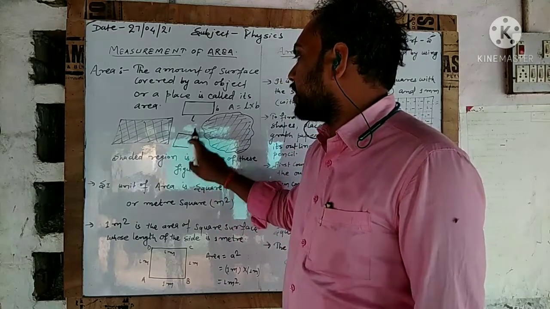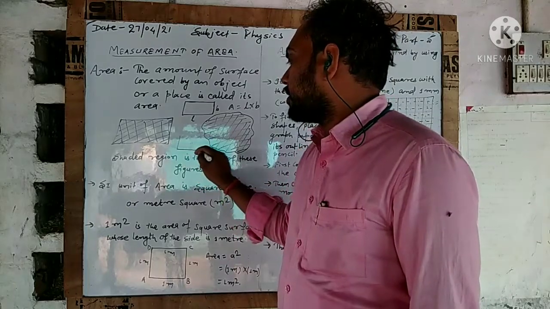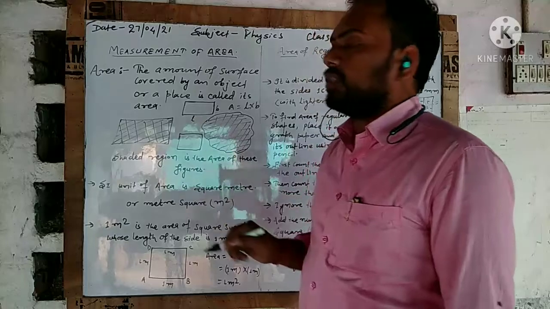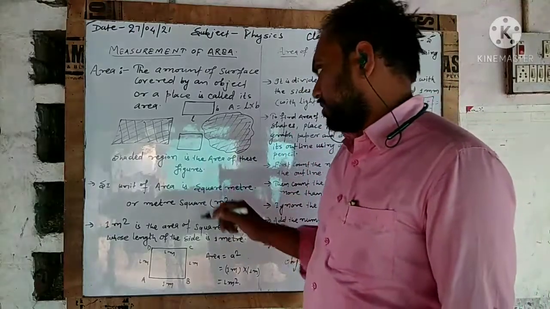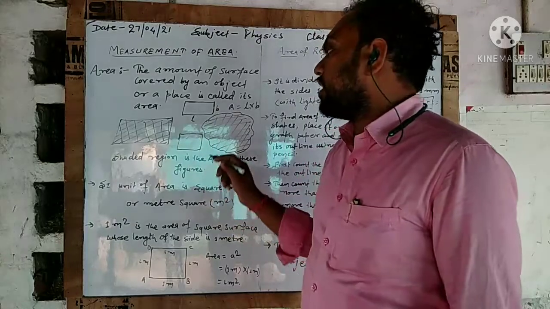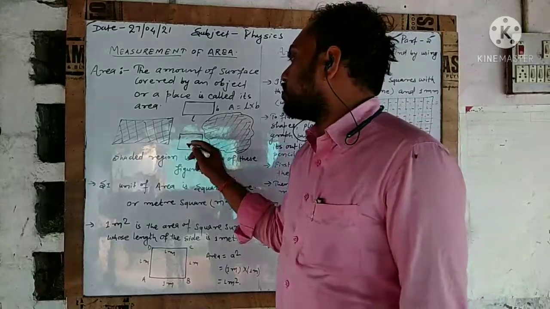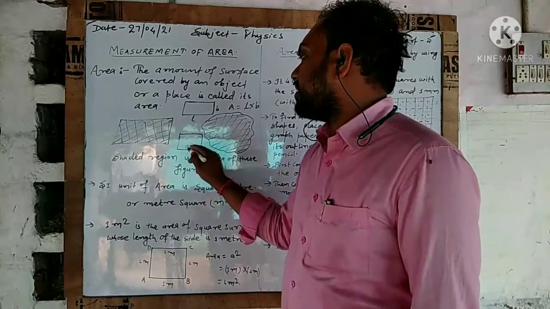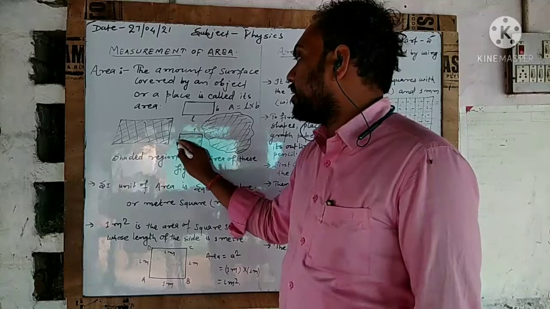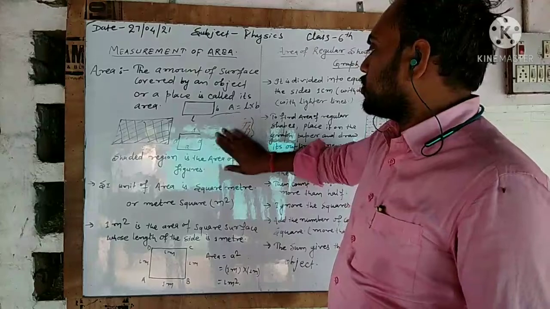has a rectangular shape having equal length and width. That is called a square. Its length and width are equal, that's why it is called the edge or side. So its side is the same. Let's say that this is a square and its side is a. It means its length and width are equal.